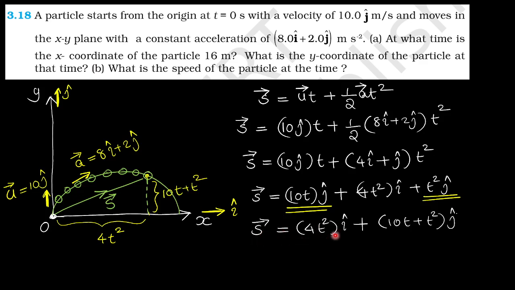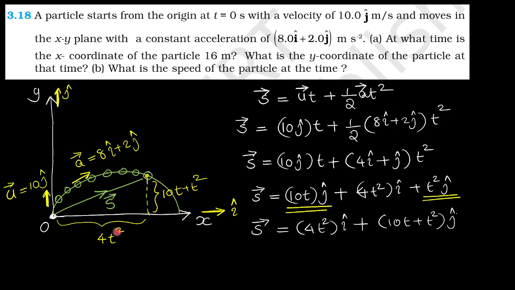I will repeat. S equal to 4t square i plus 10t plus t square j. What does it actually mean? The displacement consists of two terms: 4t square along i direction, and 10t plus t square along vertical j direction.